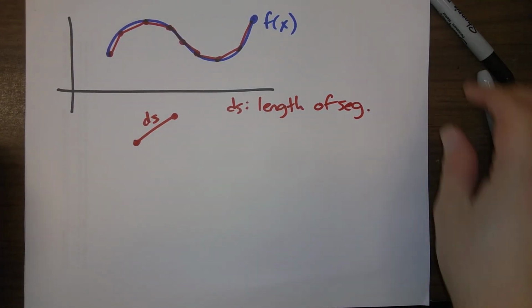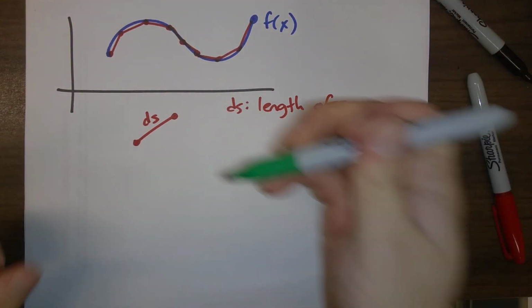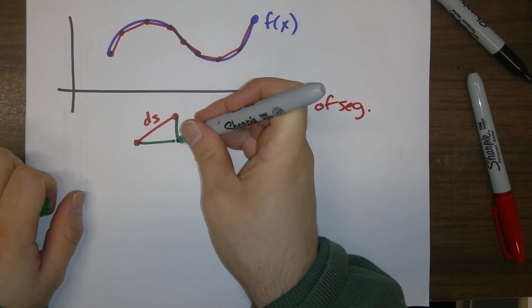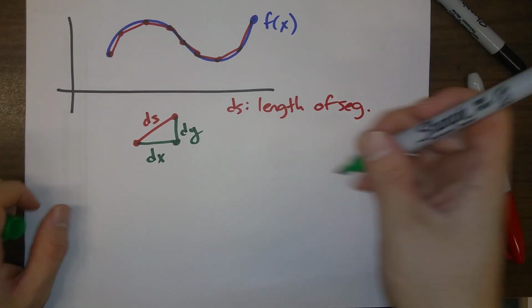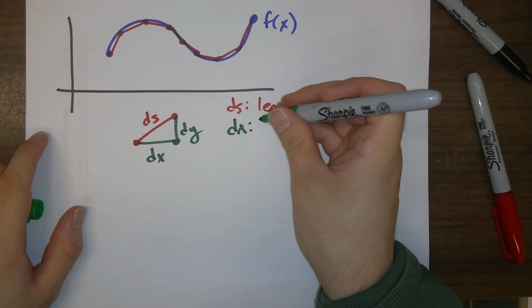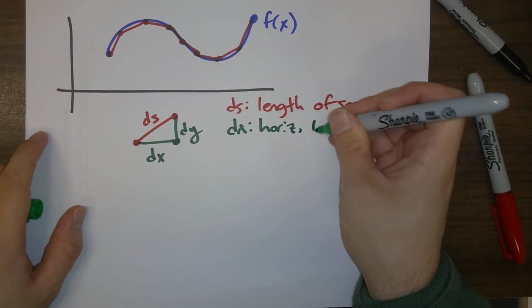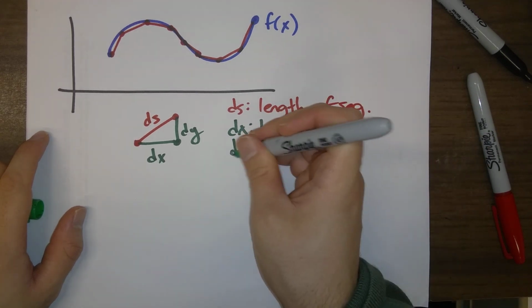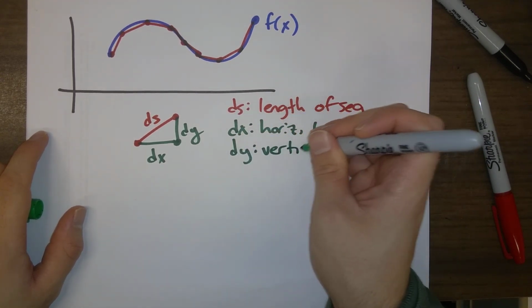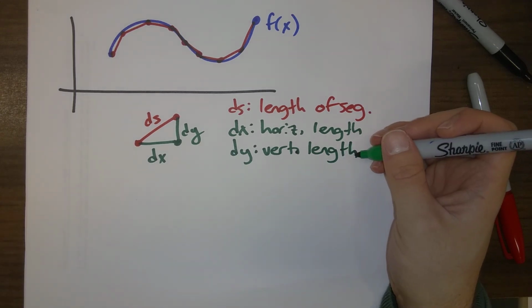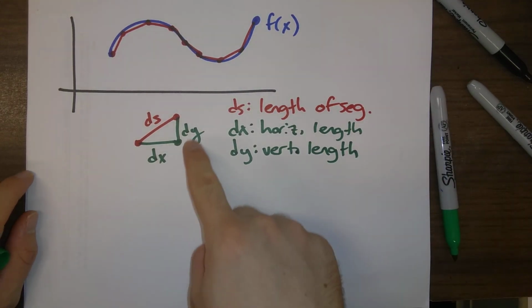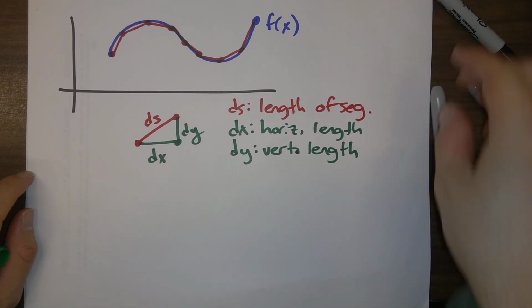And then let's see what else. We can form a right triangle here, and we'll call the sides dx and dy. So dx is the horizontal length, and dy is the vertical length. And so let's think about the Pythagorean theorem. What does it tell us here?